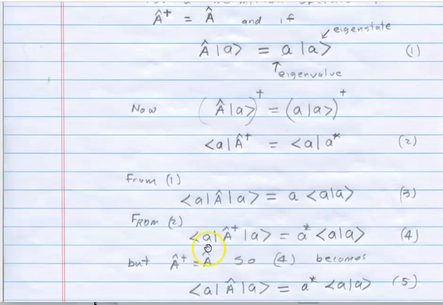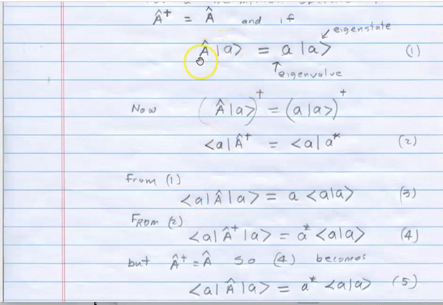I can also take a bra vector and operate on this side of equation 1, and that's what I did to get equation 3. Equation 3, I simply took an inner product of ⟨a| with this.